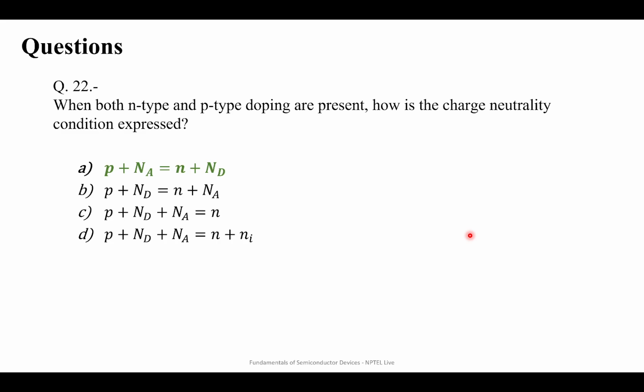So now I want my total charge to be zero. So that is given by the equation P minus n equals Nd minus Na, and you can rearrange that to say P plus Na equals n plus Nd.